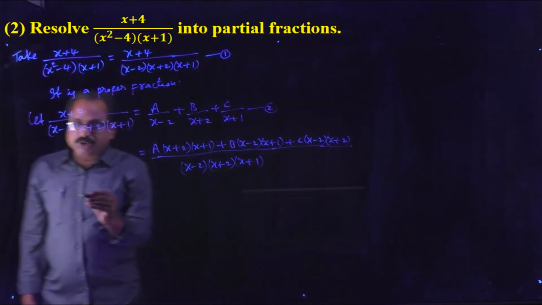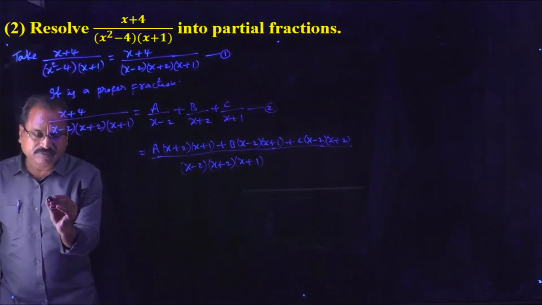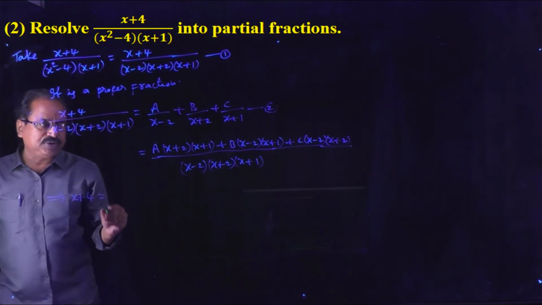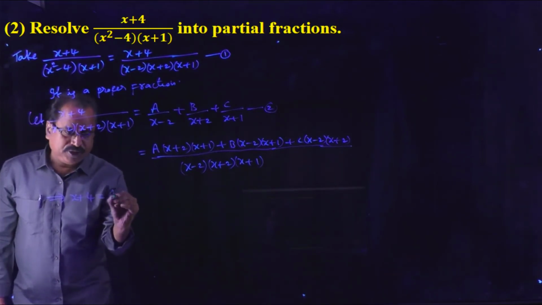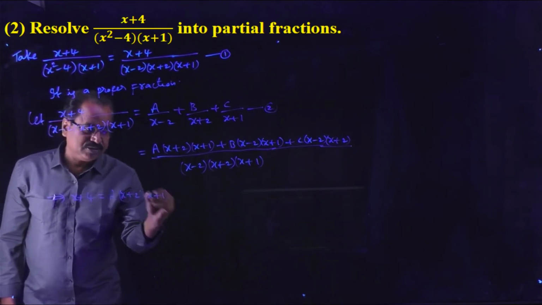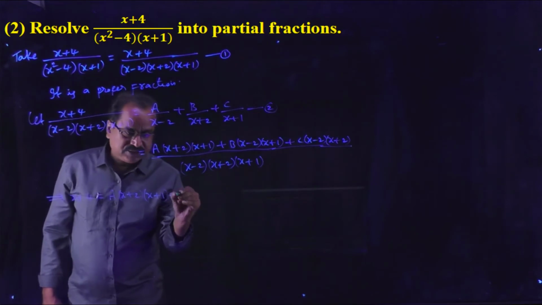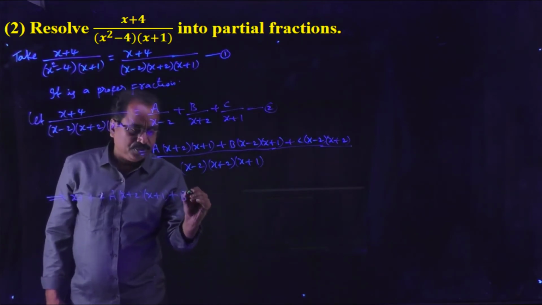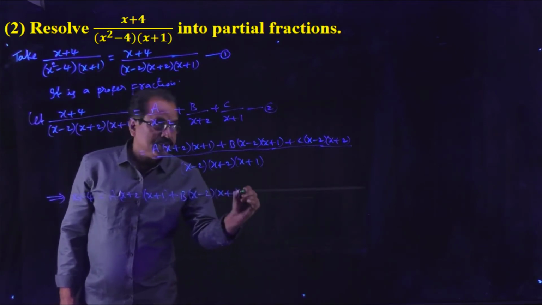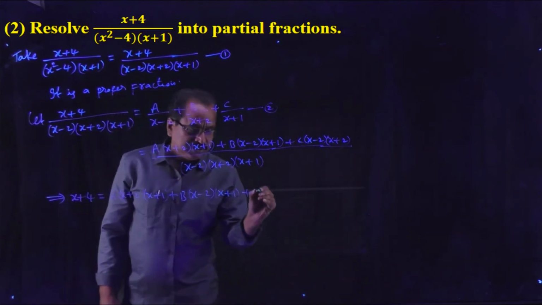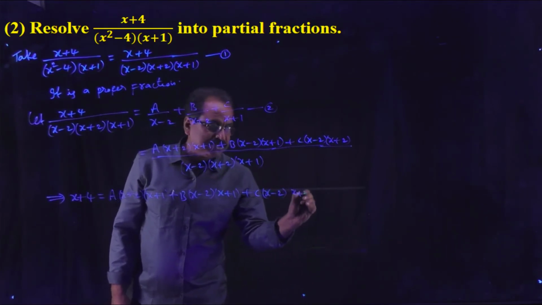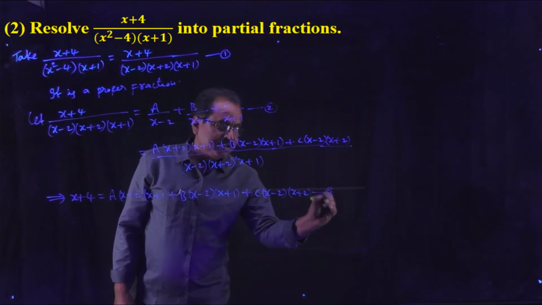Now equating numerators on both sides, x plus 4 is equal to a into (x plus 2) into (x plus 1) plus b into (x minus 2) into (x plus 1) plus c into (x minus 2) into (x plus 2). This is equation number 3.